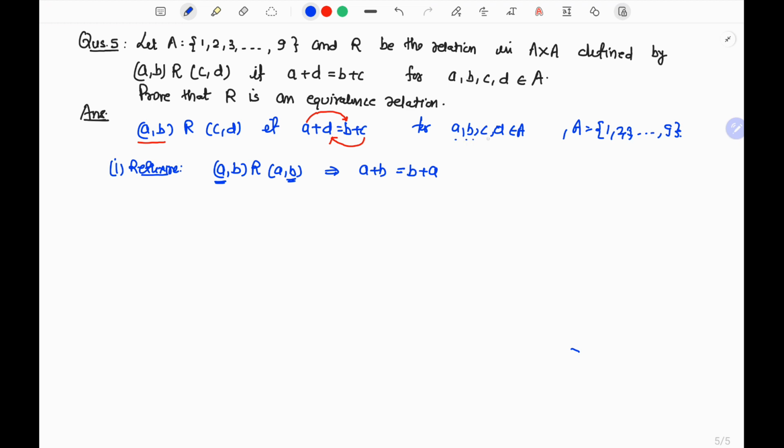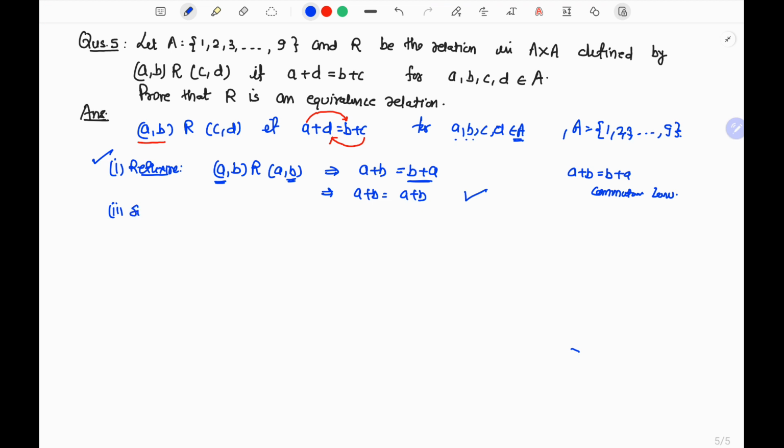Because these a, b, c, d belong to set A, which are natural numbers, and in natural numbers the commutative law holds, a plus b will be equal to b plus a. So we can write it as a plus b equals a plus b. Because left hand side is equal to right hand side, we can say the relation is reflexive.